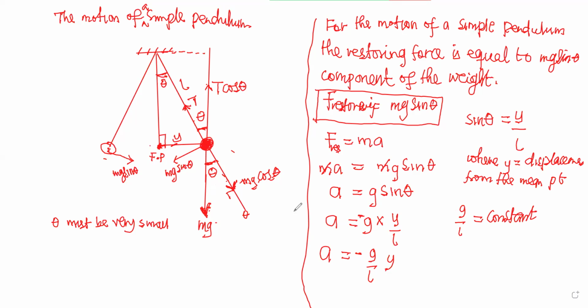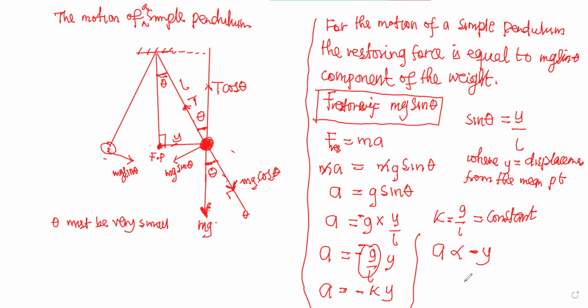Okay, so it is for this reason that the ratio g over L is a constant. So if this is a constant, then we can say that a is equal to negative k, which is the constant, times the displacement y. And so we've managed to prove that acceleration is directly proportional to the negative of the displacement y.